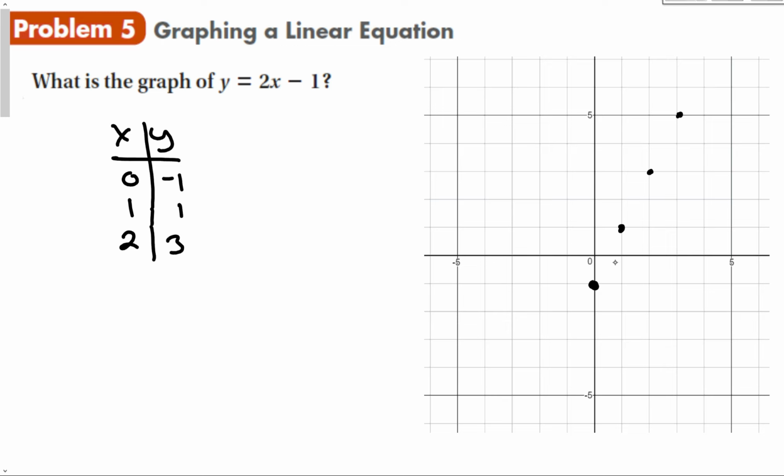And if we look at this graph, guess what? If I plug 3 into this function, I'm probably going to get 5, which is 2 times 3 is 6, minus 1 is 5, which I do. Okay? And then all we have to do is connect it with a nice straight line.